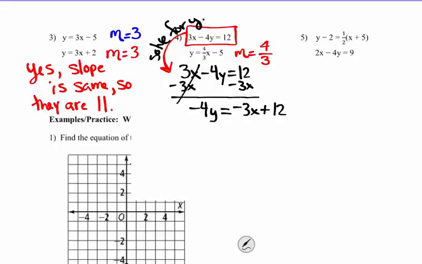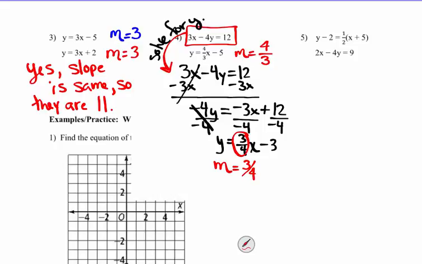And then I need to divide every single term by negative 4. Dividing everything by negative 4, I find out that y equals 3/4 x minus 3. I'm interested in the 3/4 term attached to the x. That tells me that the slope of this line is 3/4. These two lines are not parallel because their slopes are not the same.